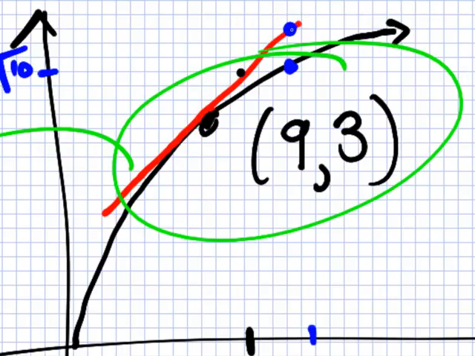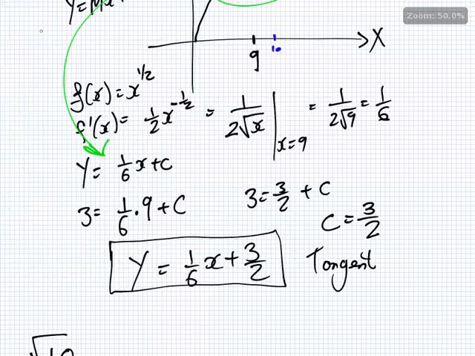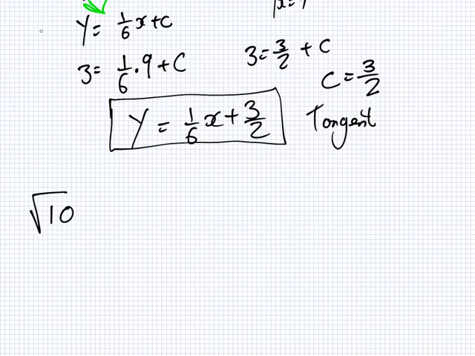Now it won't be the same, it'll be a little bit bigger than the square root of 10, but it should be close. Let's see what happens. So square root of 10 will be roughly 1 over 6 times 10 plus 3 over 2.